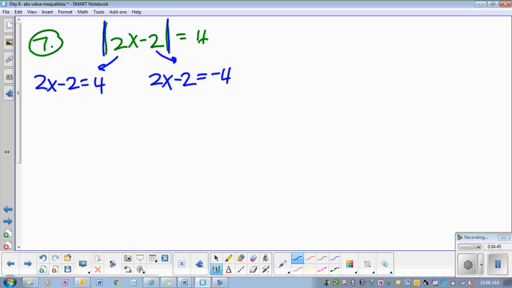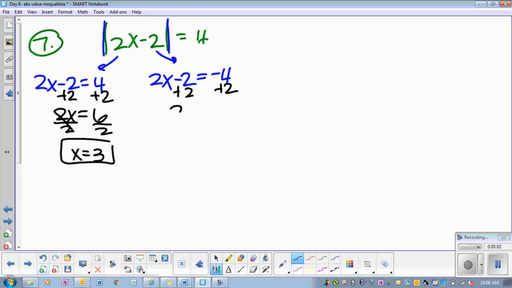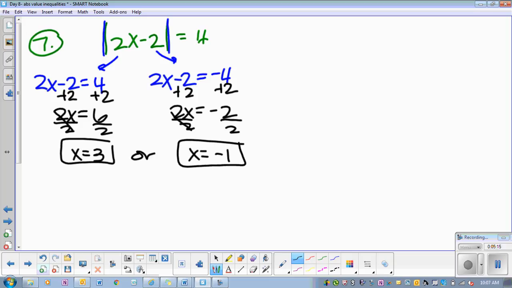Now I'm going to solve this. Let's add the 2 first. So 2x equals 6. And then divide it by 2. So then you have x equals 3. Add the 2. 2x equals negative 2. Divided by 2. What's negative 2 divided by 2? Negative 1. Right? So is x equals 3 or x equals negative 1? Questions?